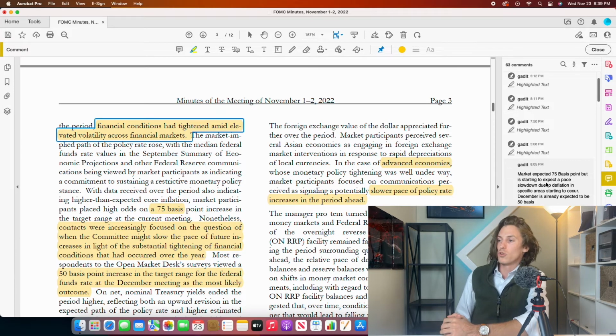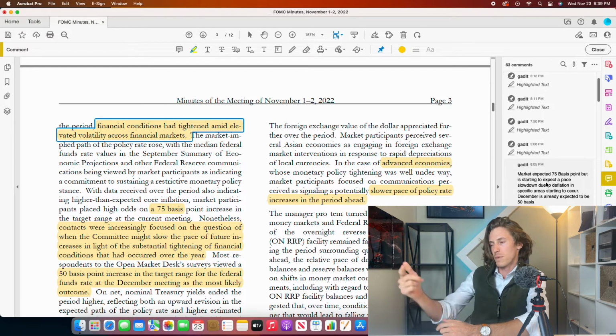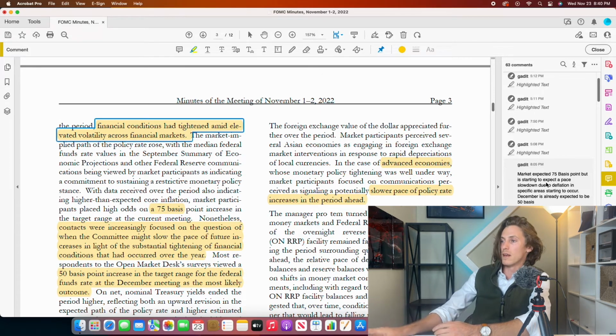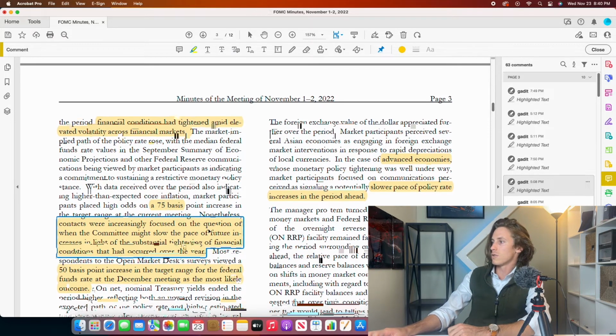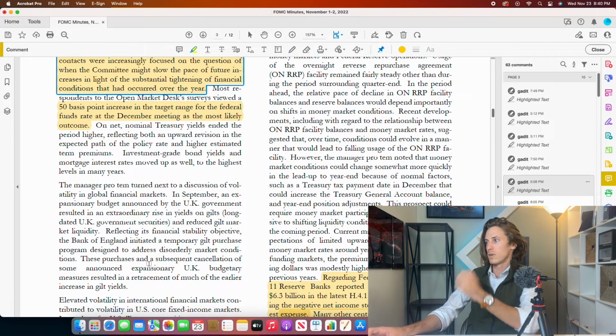This is why, on top of getting data that started to give information about how we can see inflation in the future, for example, freight costs dropping 70%, which could impact the CPI report, not of this month, but the next one, people are already starting to calculate a 50 basis point increase at the next Federal Reserve meeting. And that, again, is included in this file here. As you can see, 50 basis point expected. Let's go on with this section here.